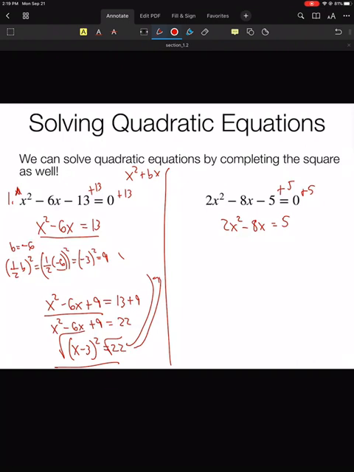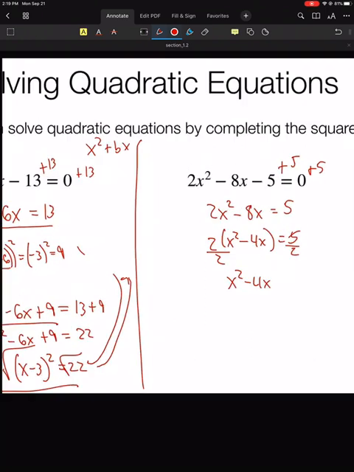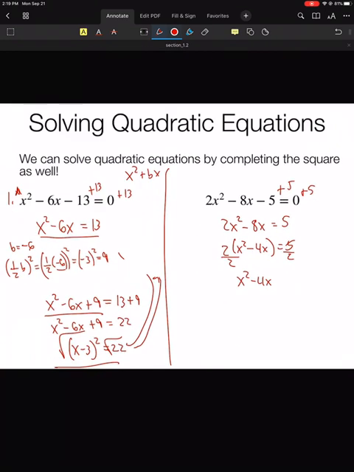There's a 2 common to both things on the left, so I can pull that out. And so I get 2 times x squared minus 4x equals 5. And I can divide by 2 on both sides. So we get x squared minus 4x equals 5 halves.